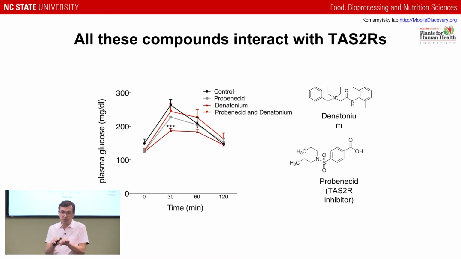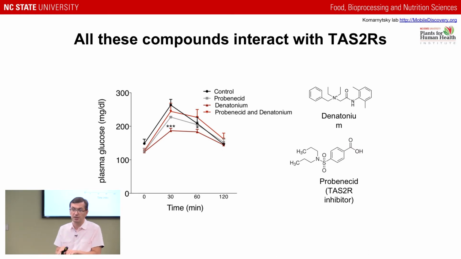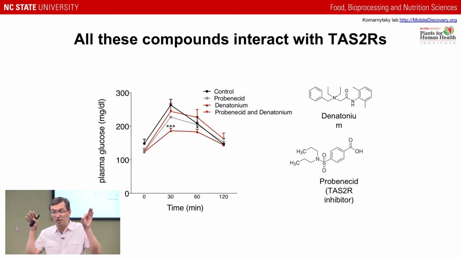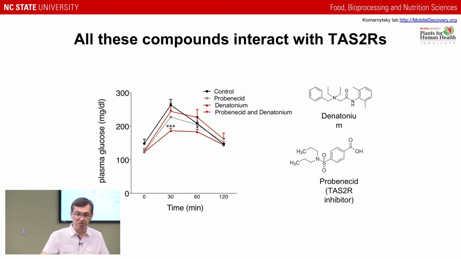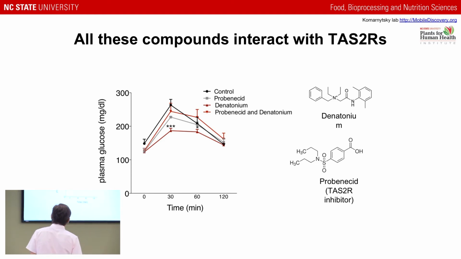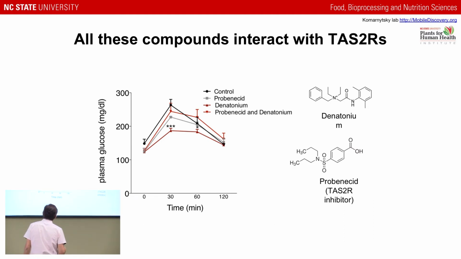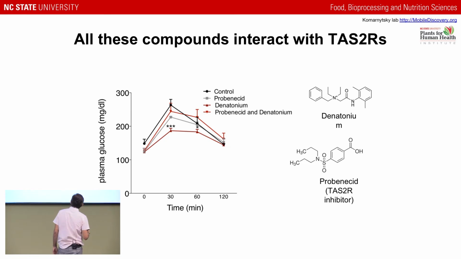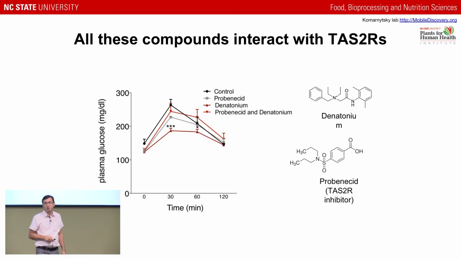So what it does is it binds to the bitter receptor, but it doesn't activate it. But by binding it, it prevents the transmission of the bitter signal from another molecule. Okay? So by itself, it doesn't do much, right? It's right here. But if you take denatonium benzoate, this is the curve right here, and you add probenecid to the treatment, look where the curve shifts.